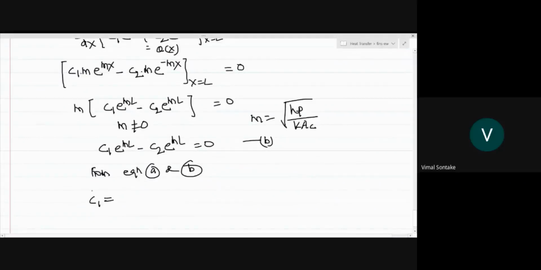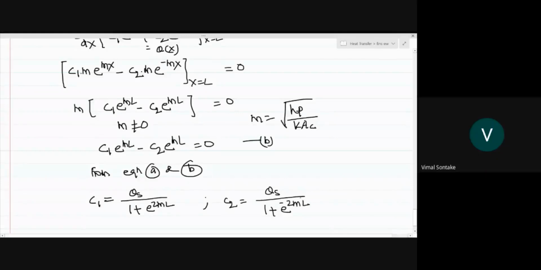Now I am directly writing. I am not doing the in between derivation. C1 is theta s over 1 plus e power twice ml, and C2 I will get theta s over 1 plus e to power minus twice ml.